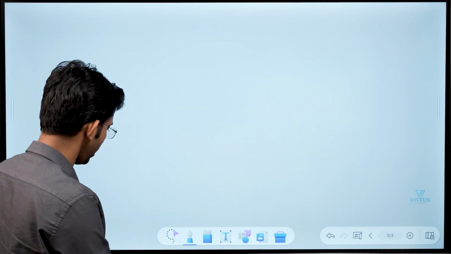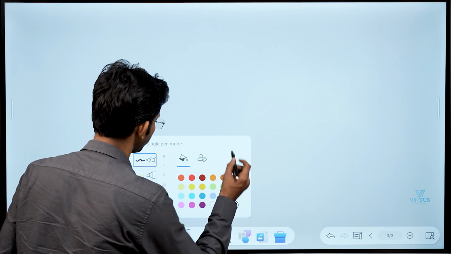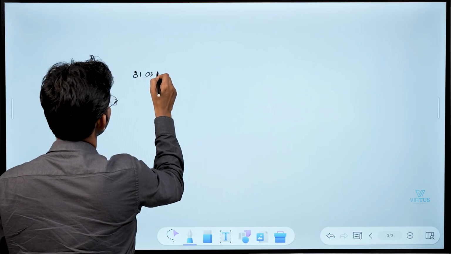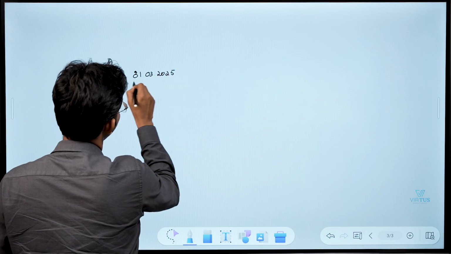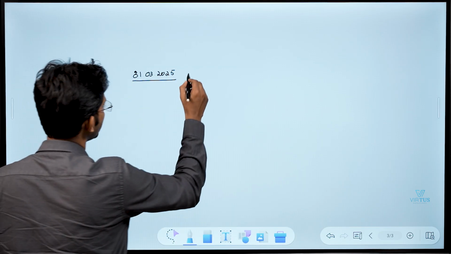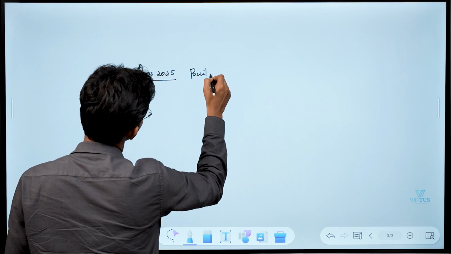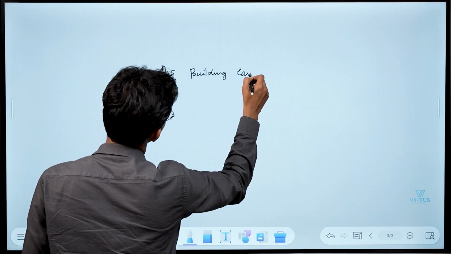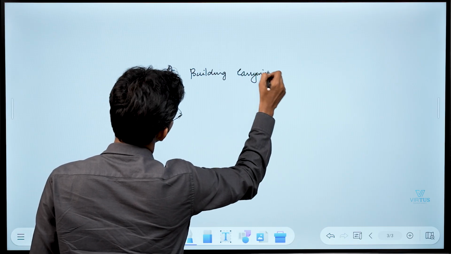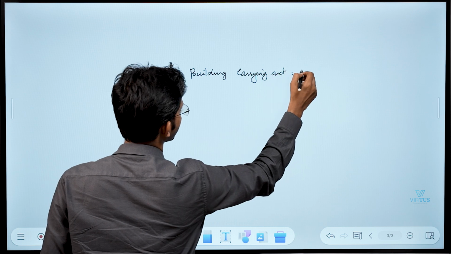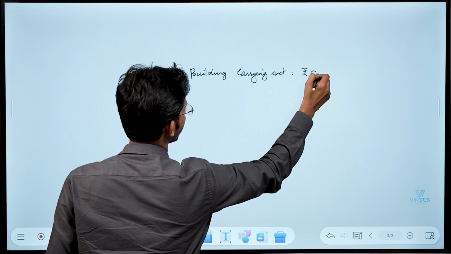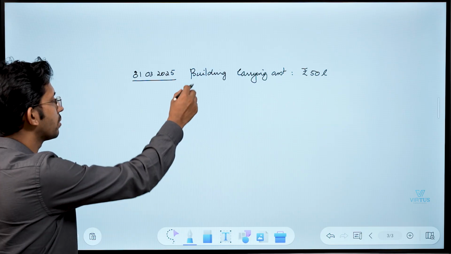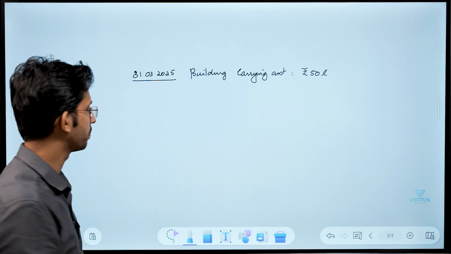I will give you an example over here. Suppose on 31/3/2025 there was a building, its carrying amount was, let's say, 50 lakhs. Now you decided to follow the revaluation model for the building.